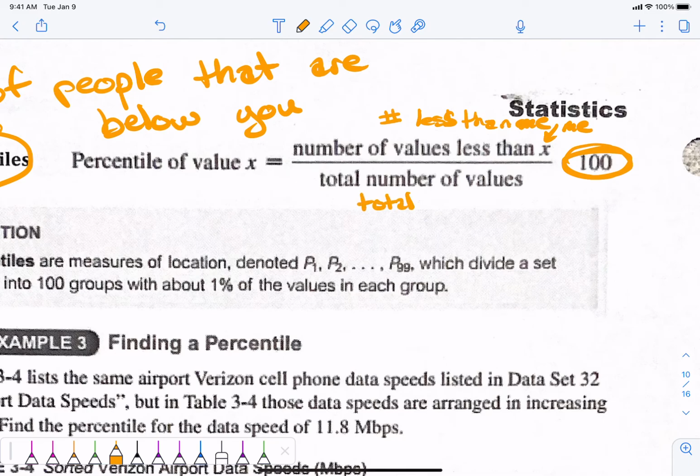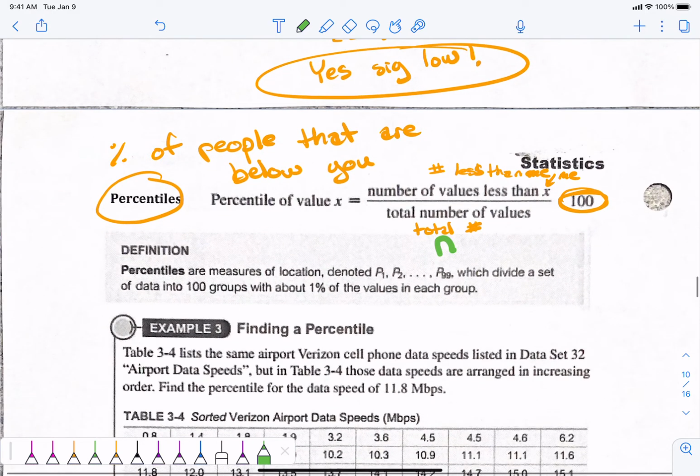What variable do we use to represent the total number in the data set? N. Sorry, I don't know why I made it a cursive N. That's an N, right? So the number of values that are less than me divided by N. And then I convert that to a percent and we go from there, okay?